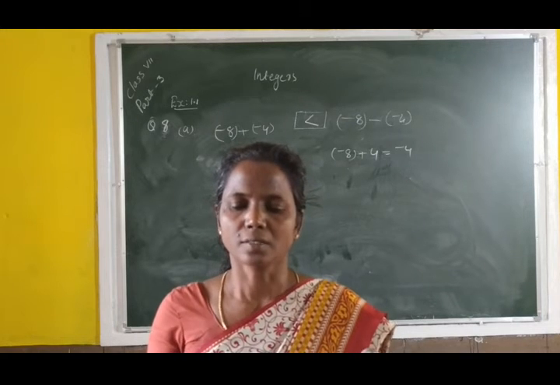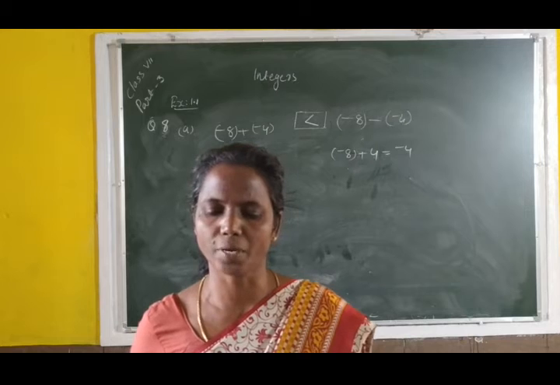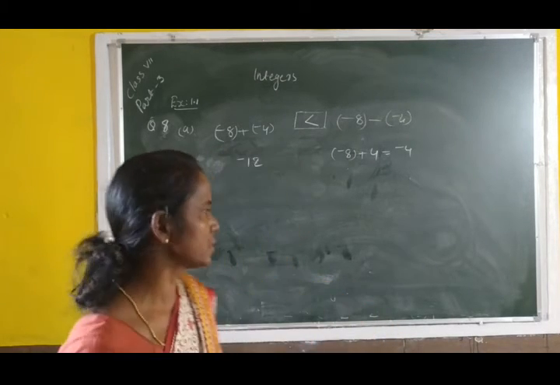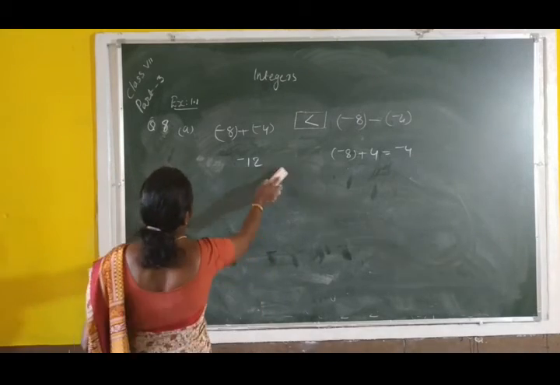The next exercise, 1.2. First question, look: write down a pair of integers whose sum is negative 7.